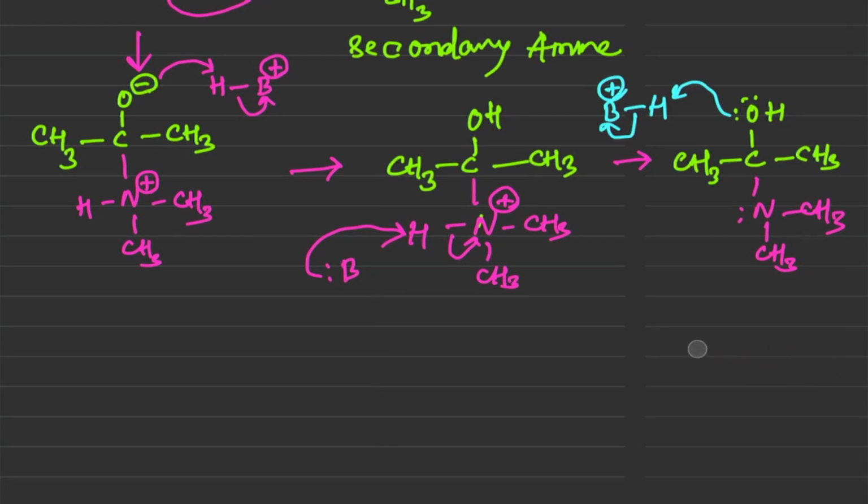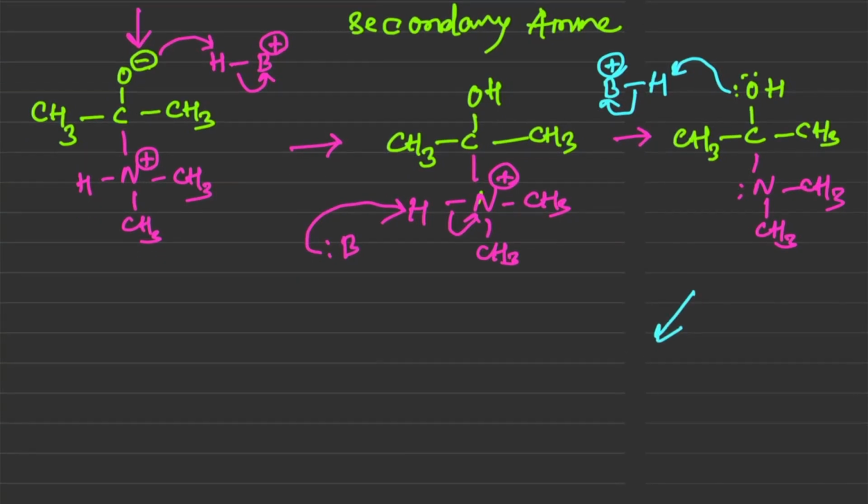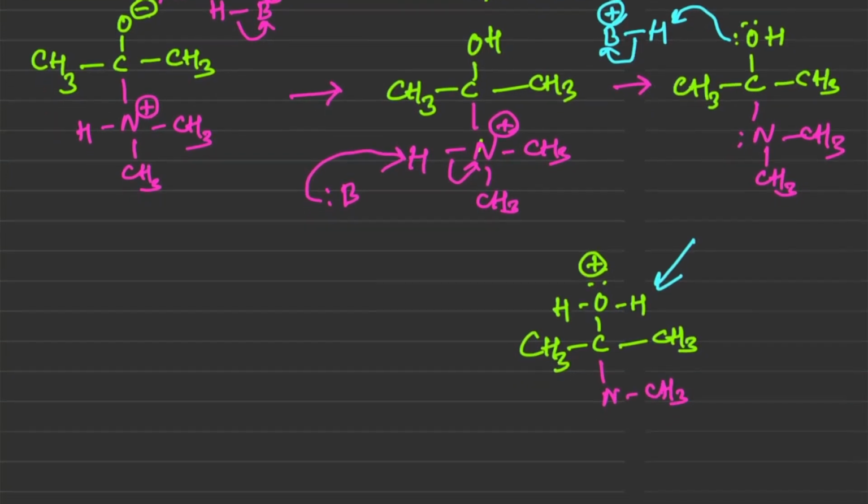Okay, so let's say we protonate this oxygen. CH3, C, O, H, H, and oxygen has 3 bonds. Based on our shortcuts, when oxygen has 3 bonds, it will have a positive charge, with CH3 and N, CH3, CH3.